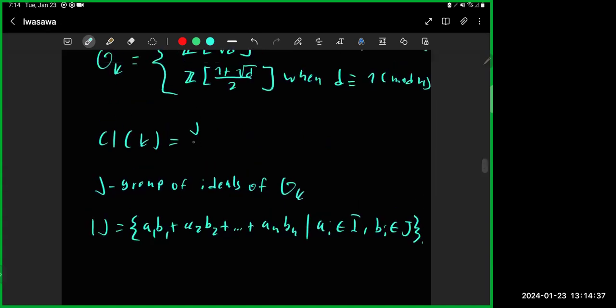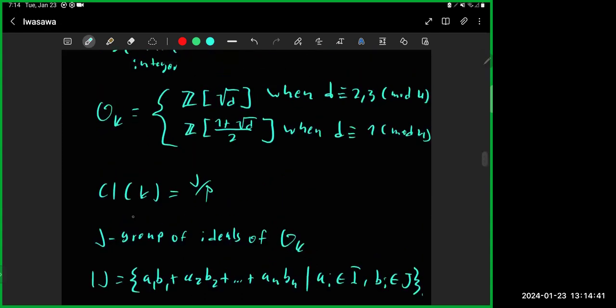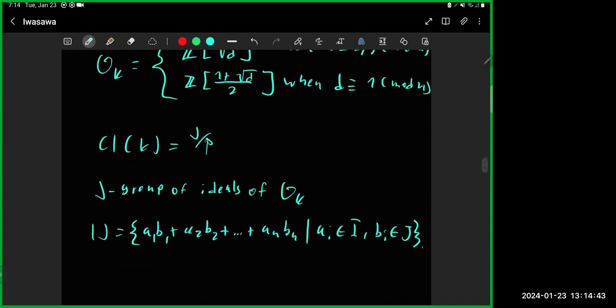But when we quotient it out by the subgroup of all principal ideals in O of K, we get a quotient group called the class group of K. Its cardinality is called the class number, so H of K is defined as the cardinality of Cl of K. And it's a well-known number theory fact that this number is always finite.